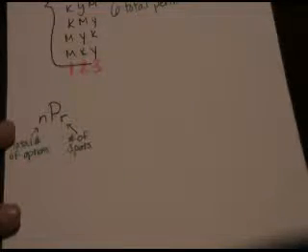Within that, the N still stands for the total number of options, but the R is basically the number of spots you have to fill.